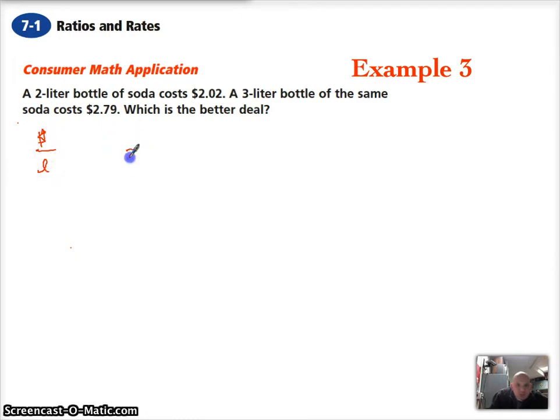So I'm going to put 202 over the 2 and compare it to the 279 over the 3. When I do that, I am faced with a fraction bar, which I can find unit rate pretty quickly.